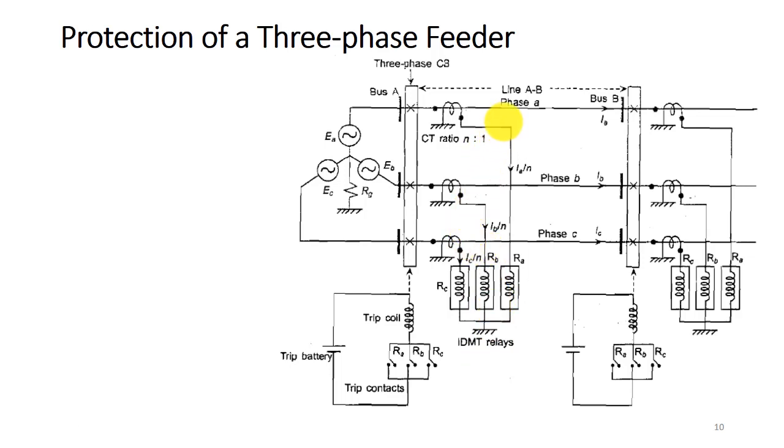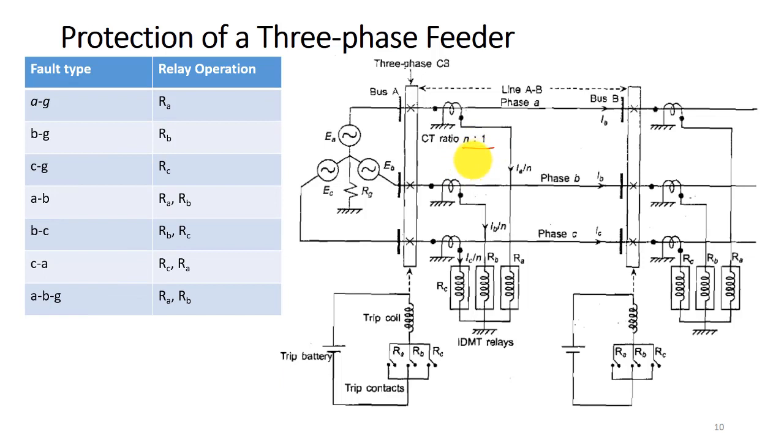When the current IA flows in phase A, the current in the CT is IA by N, and that current flows through the phase A coil. IA by N is nothing but the turns ratio, that is the CT ratio, N to 1. Now for the different types of fault, we can see here how the relay will operate.